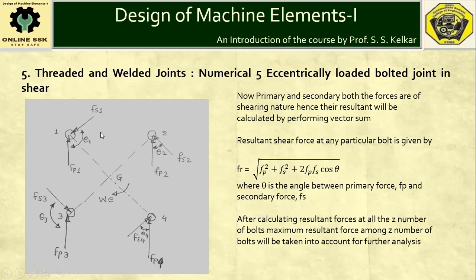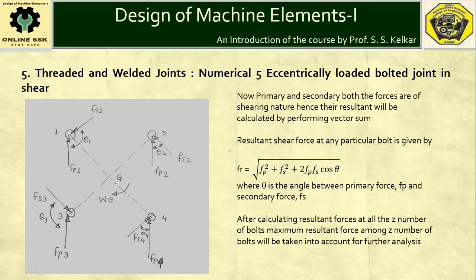Now, we have studied that there are primary and secondary forces. Primary forces are given by W upon Z, where Z is the number of bolts. Secondary forces are given by C into L1, L2, etc., for calculating the secondary force for bolt number 1, bolt number 2, etc. Both the primary and the secondary forces are of shearing nature, and to find the resultant, we have to perform a vector sum of primary and secondary forces.